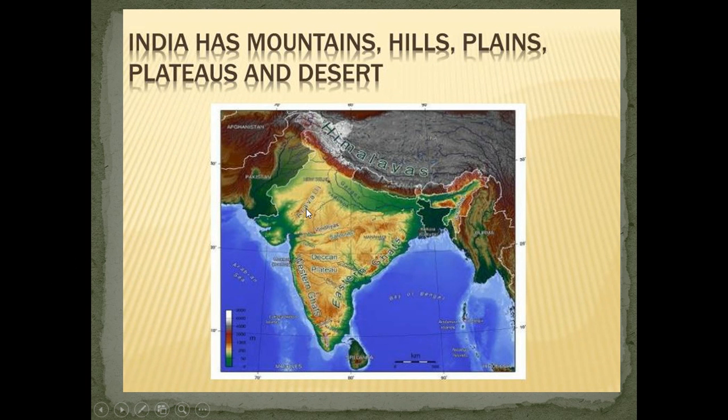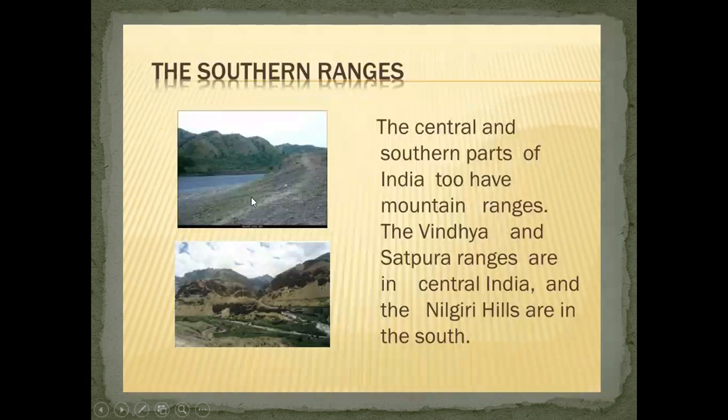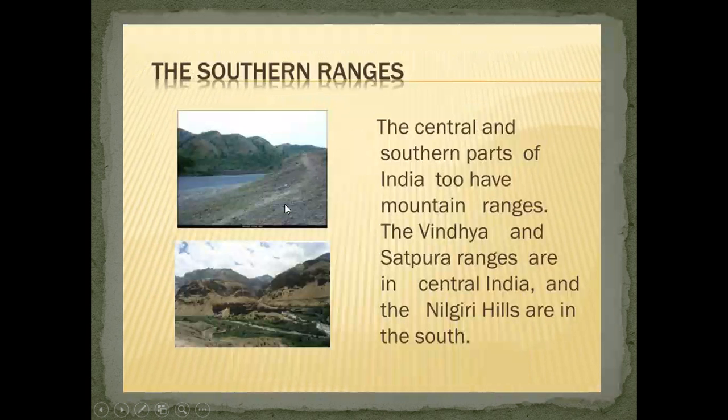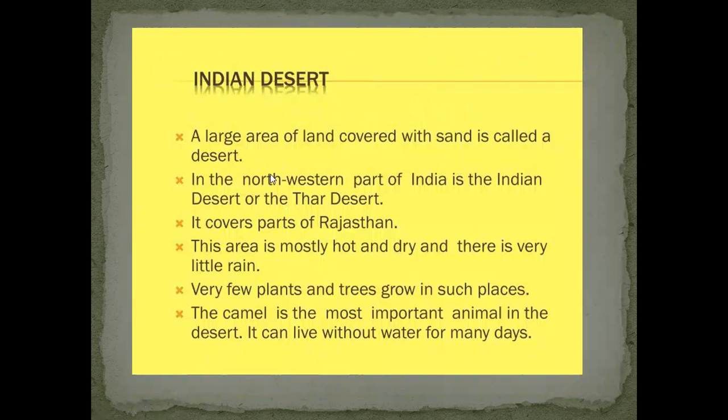Yes, ma'am. This is the northwestern part of India. Here we can see the desert. It lies mainly in the state of Rajasthan. It is known as the Thar Desert. Have you ever heard this name, Thar Desert?